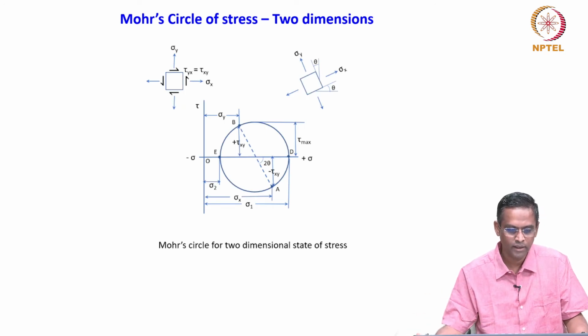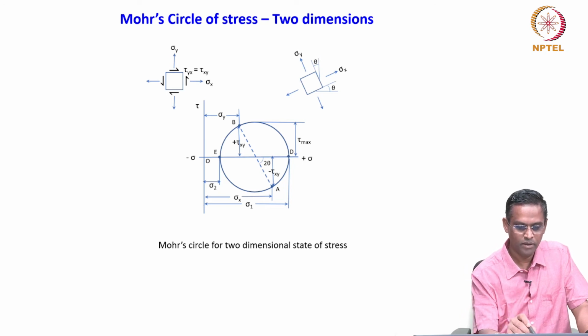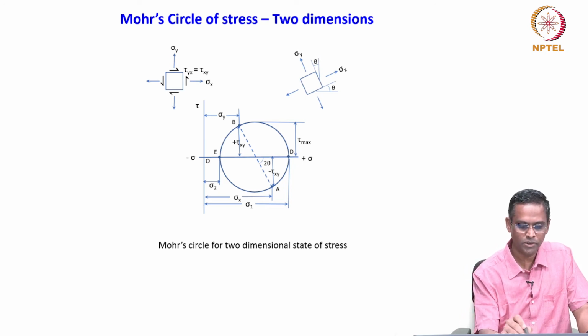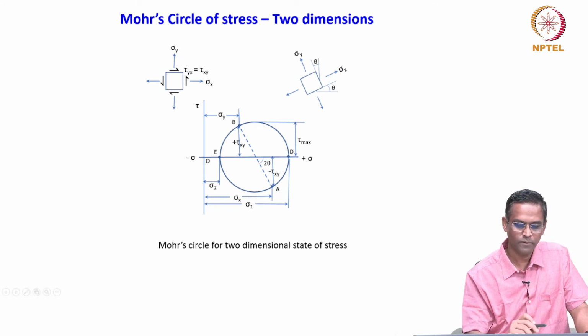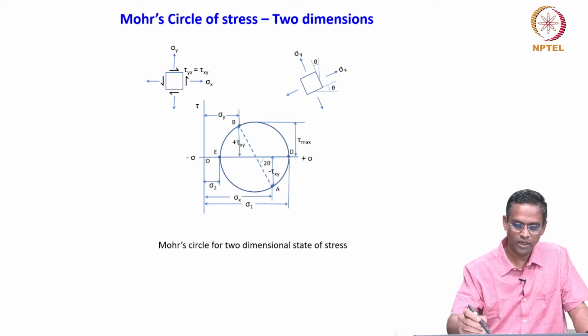So, we will see what this Mohr circle looks like. You can look at the member which is subjected to biaxial tension sigma x and sigma y, and then this is the shear stress acting. For this situation, and if it can be of arbitrary orientation, it will be rotated with respect to theta like this.